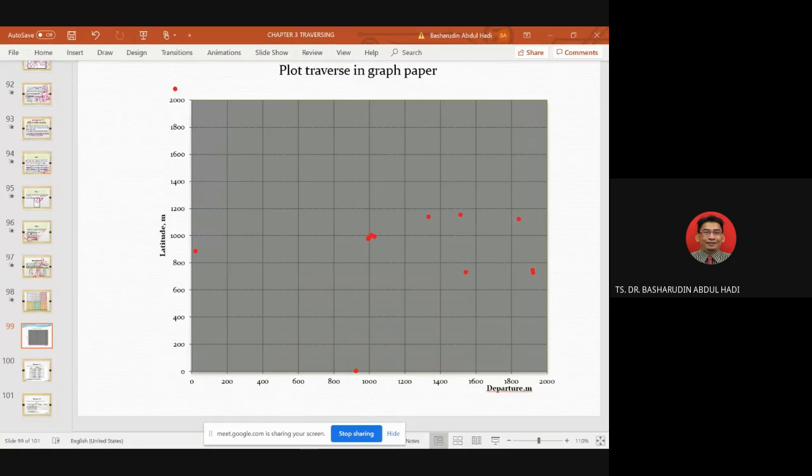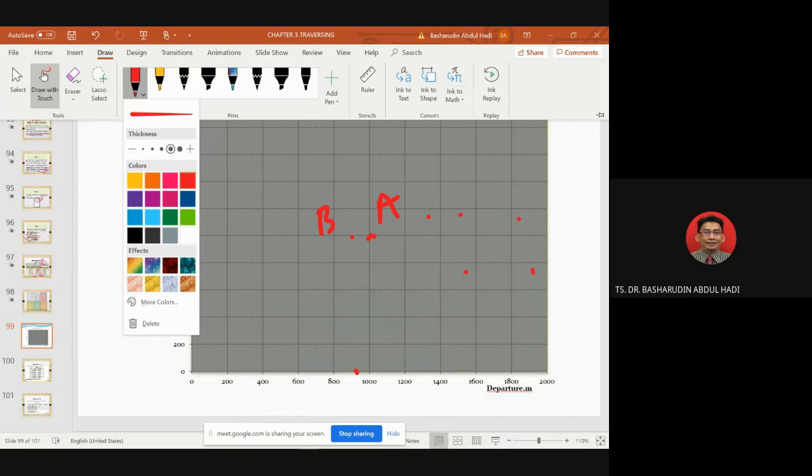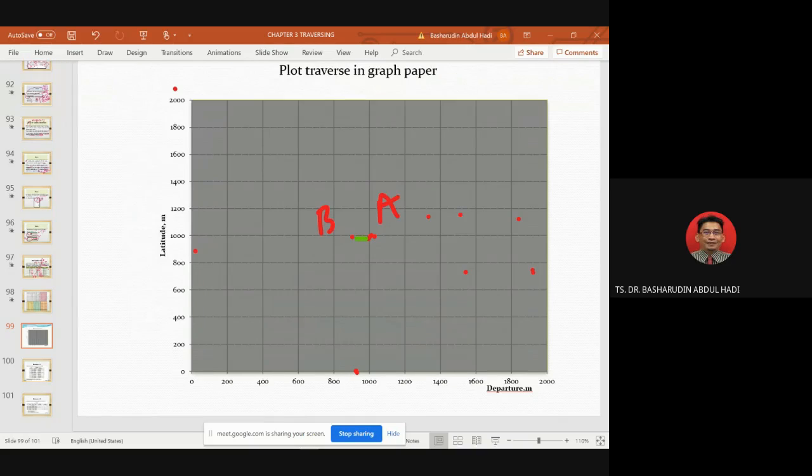Okay, we go to 900 at this point, and 1000 at this point. So this one is point A, this one is point B. We connect them with one line, in a green color. So A and B, like this. You get it? So we plot based on coordinates, the plot traverse on graph paper.